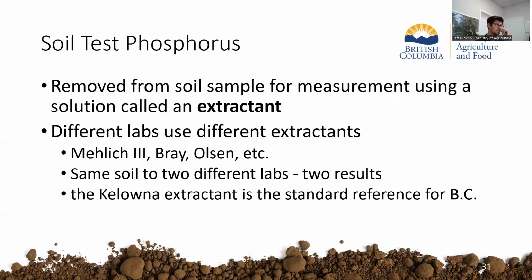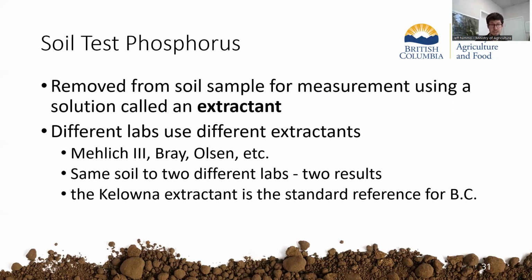But just as we hinted at earlier when looking at the overall report, the actual soil test phosphorus that you see there is removed from the soil for measurement using an extractant solution. And as I mentioned, this is a bit of a repeat, but there's different extraction methods. So if you send soil to different labs, they'll use different processes and the numbers will be different.